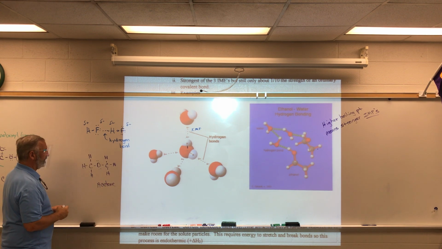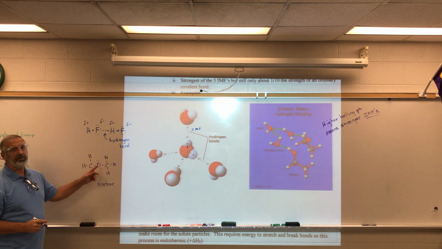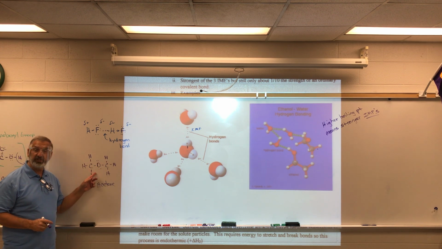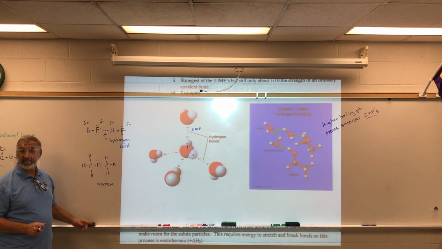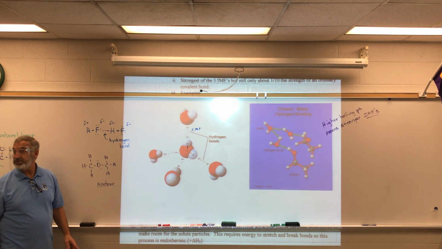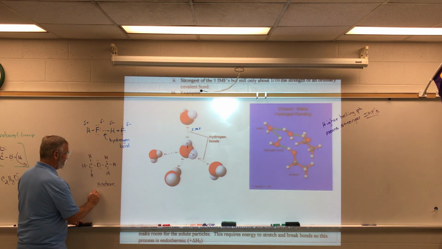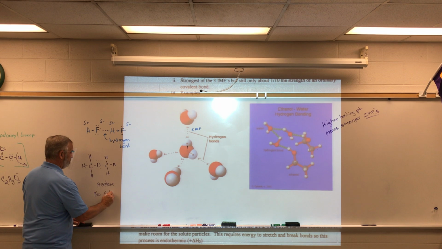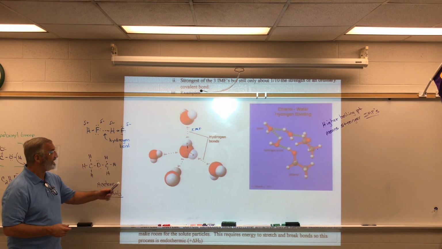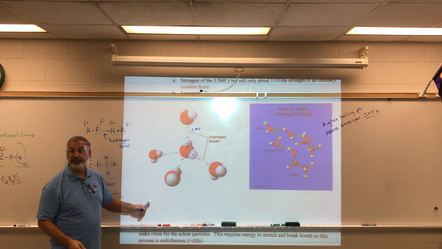Actually, I think acetone has 2 carbons on each side, but it's got the oxygen in the middle. Is the hydrogen attached to the oxygen? It's got oxygen and hydrogen in it, but is the hydrogen attached? So what does that mean about H bonds? No hydrogen bonds. The hydrogen has to be attached to the nitrogen, oxygen, or fluorine.